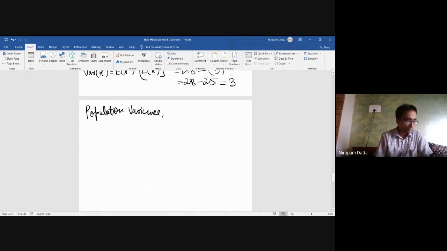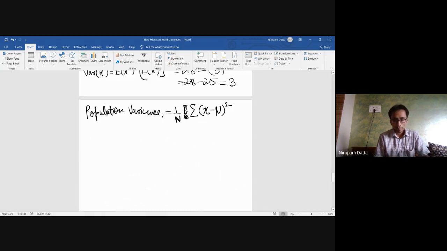The formula is 1 by capital N, summation of x, a particular value, minus mu, which is the population mean, whole square.